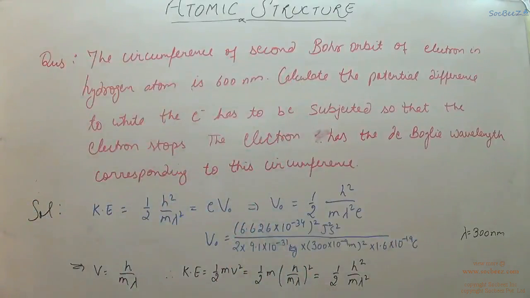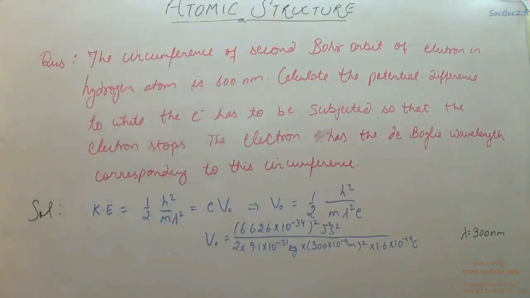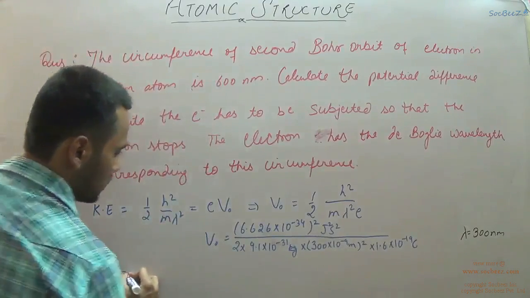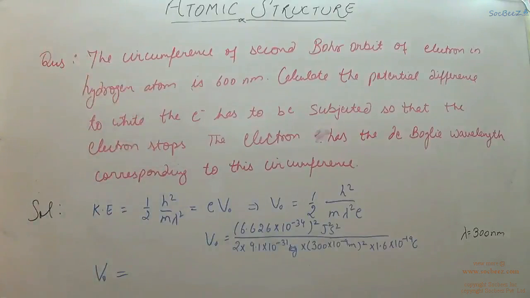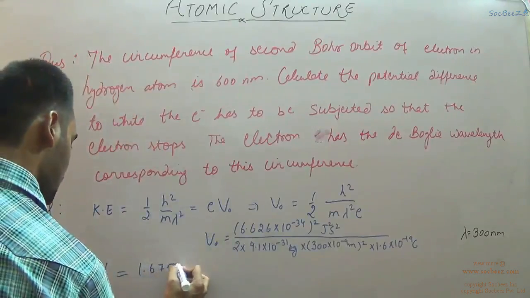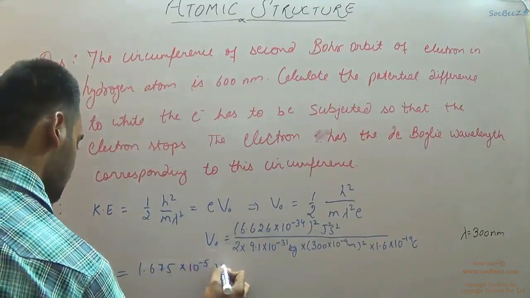Okay, so we have substituted all the values, and the value of V naught, that is the potential, comes out to be 1.675 into 10 raised to the power minus 5 volt.